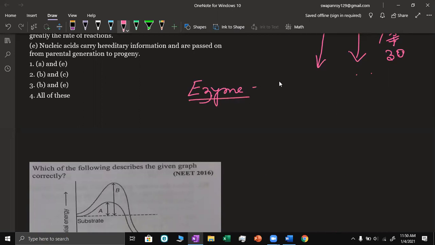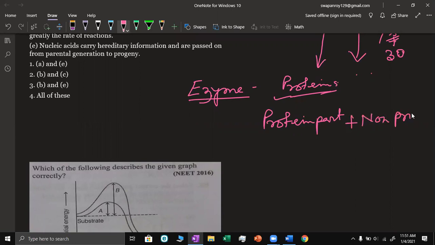Enzymes are proteins. But some enzymes are pure protein, and many of the enzymes have a protein part, and along with this protein part there is a non-protein part.